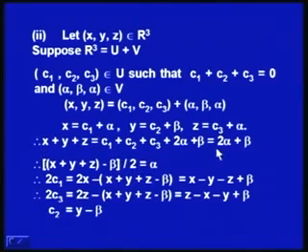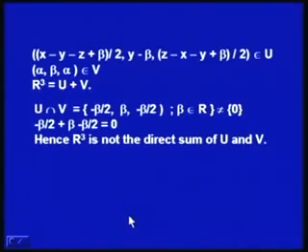We can solve these equations again for c1. So, twice c1 is equal to 2x minus (x plus y plus z minus beta), or x minus y minus z plus beta. Similarly, for c3 the solution is z minus x minus y plus beta, and c2 is equal to y minus beta.